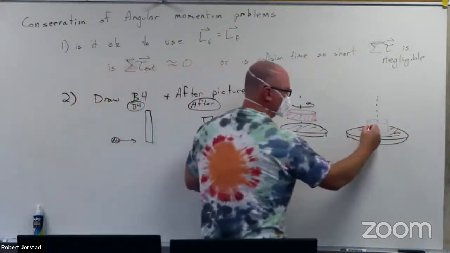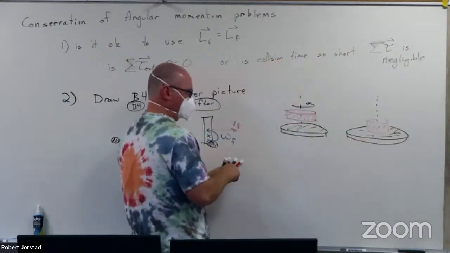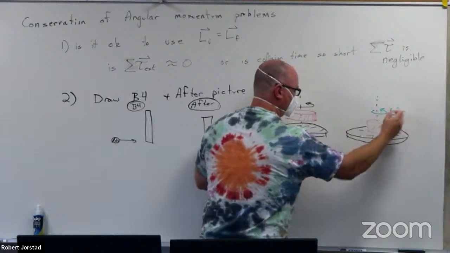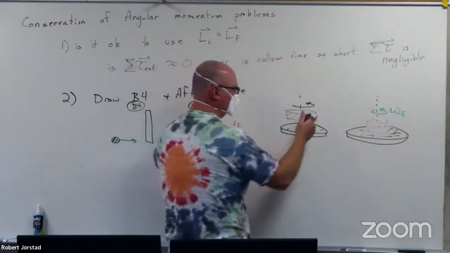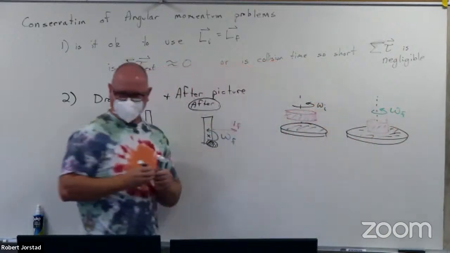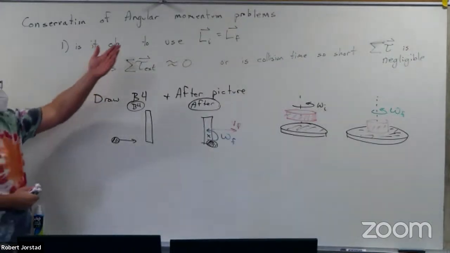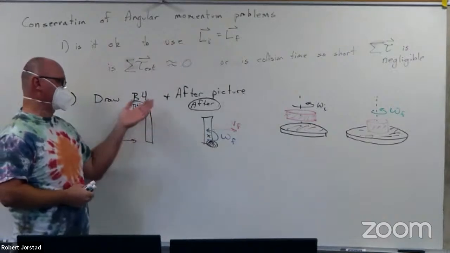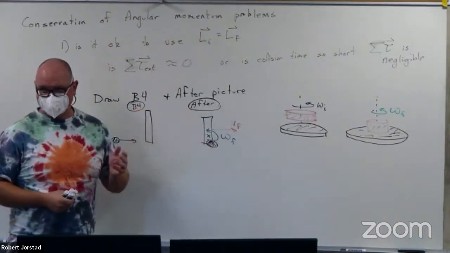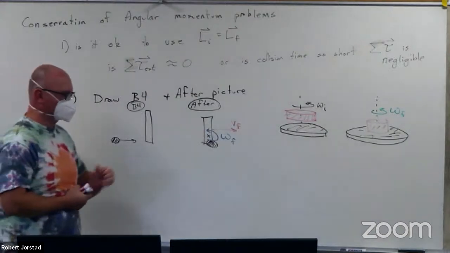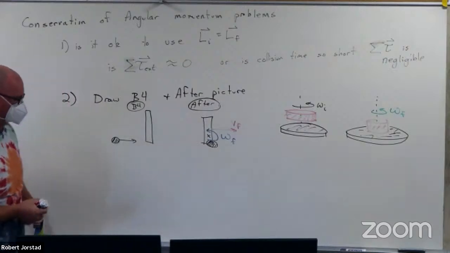When you do that, maybe the combined object will rotate at a different rate. This might look like an omega final or an omega initial. Basically, we're going to have before and after pictures. But remember, because it's angular momentum, usually there's some sort of omega involved. So we'll see pictures that look a lot like this. You don't need to draw this out, because we're going to do these actual problems in a minute.